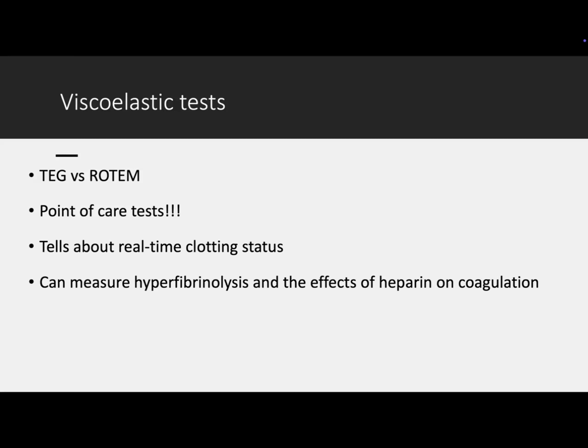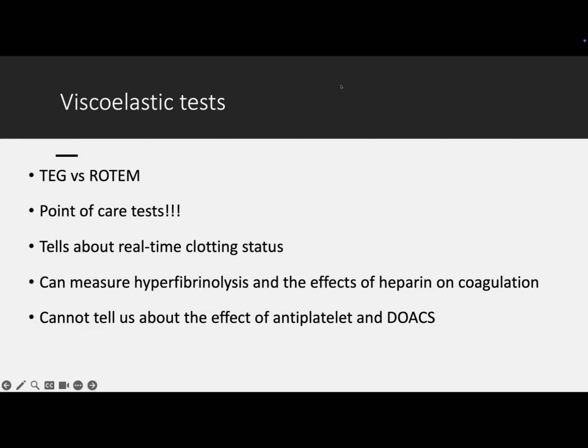What advantage do we have? PT, APTT, INR will not tell us about fibrinolysis, effect of heparin on coagulation and everything. So if there is fibrinolysis, we have to give Trenexa, which cannot be measured on a lab basis. And it cannot tell us the difference effect of antiplatelet or DOAC. Suppose a patient on DAPT comes to you with trauma, we won't know what is the effect of DAPT on the coagulation parameters, right?